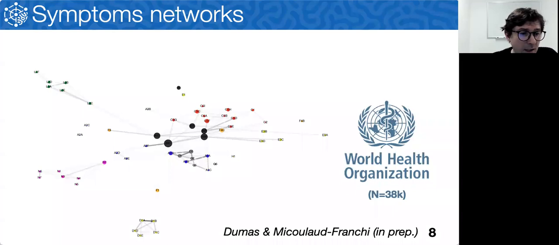You can also think about symptom networks. So for instance, here is a study with my colleague Jean-Arthur Micouleau-Franchi, where we took data from the World Health Organization on the MINI to try to identify core symptoms in the general population that drive psychiatric disorder before their diagnosis.